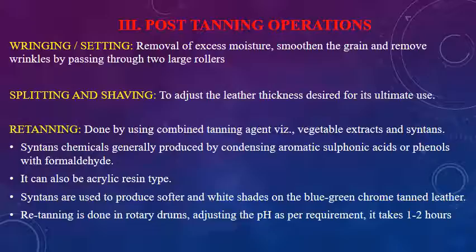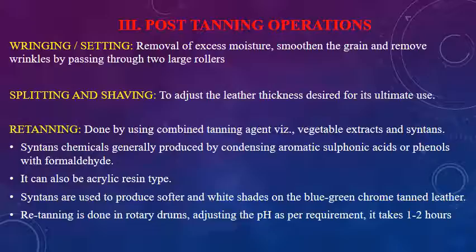So the actual hide which is converted to leather will have different thickness at different parts. So it has to be uniform. So to adjust the leather thickness as desired for its ultimate use, the splitting sometimes is done, and that is the thick portions are removed, and sometimes it is also called shaving. Then there is an operation called re-tanning, that is one more tanning. So sometimes it is done by using combined tanning agents like vegetable extracts and syntans or synthetic tanning agents.